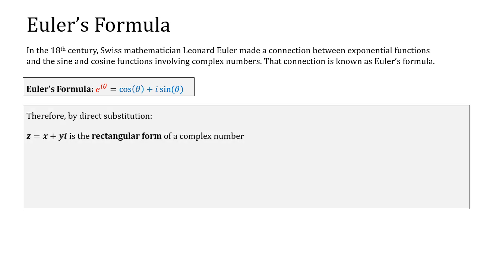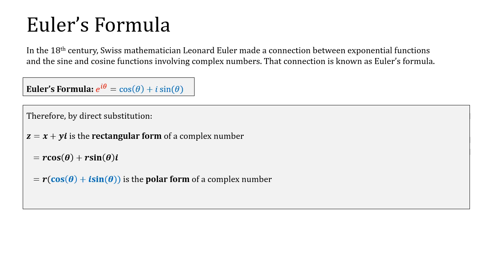Therefore, by direct substitution, z equals x plus yi, we know, is the rectangular form of a complex number. We saw that if we substituted the values for x and y, which were r cosine theta and r sine of theta, we would come up with the polar form of a complex number, which equaled r times the quantity, cosine of theta, plus i times the sine of theta.